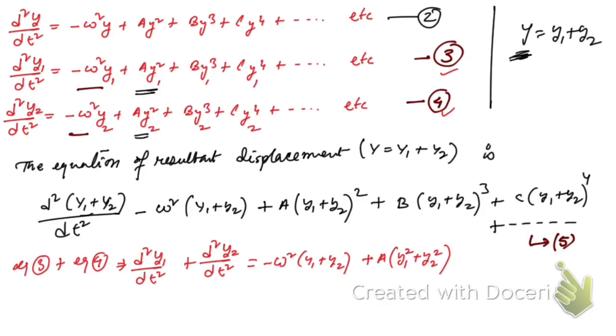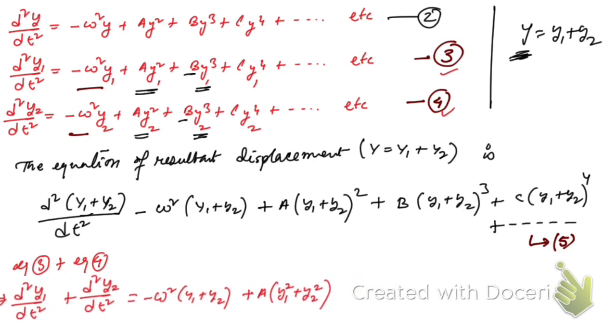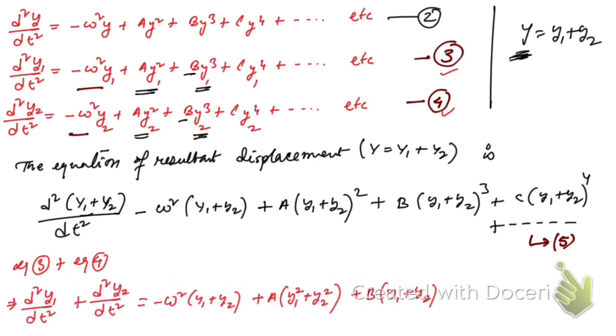Then from here we can take b common, and we get y1 cube plus y2 cube within the bracket. Let me write this one here. So here we get b into y1 cube plus y2 cube when b is taken common, right?